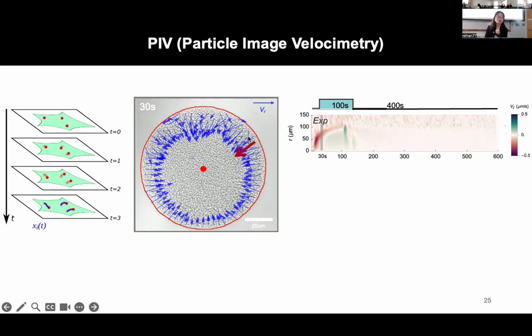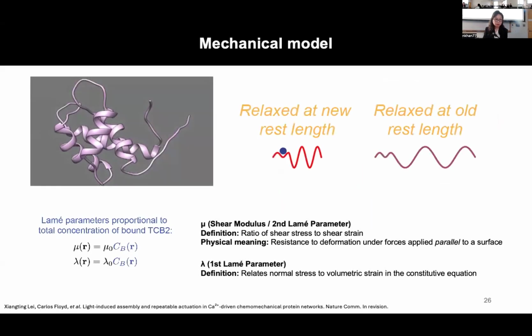This point is just an average at the same radius of the velocity, and you can see it has a really strong velocity here. A contraction wave happens along the boundary, from 0 seconds to 100 seconds. By the way, I just want to mention we also did a simulation of the system, and the simulation matches the experiment data pretty well.